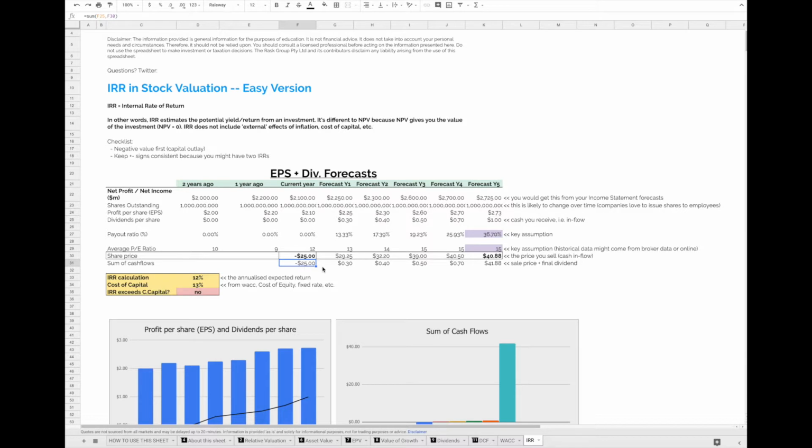We're paying for the shares to come into our portfolio, but then we'll receive 30 cents, 40 cents, 50 cents, 70 cents. And in the final year, the assumption is that we are going to sell the shares after 5 years at this valuation, at 15 times earnings, and we're going to receive the final dividend.